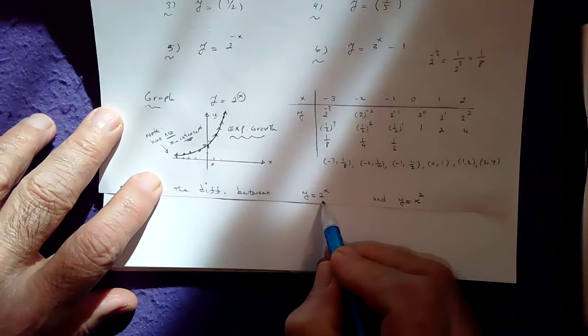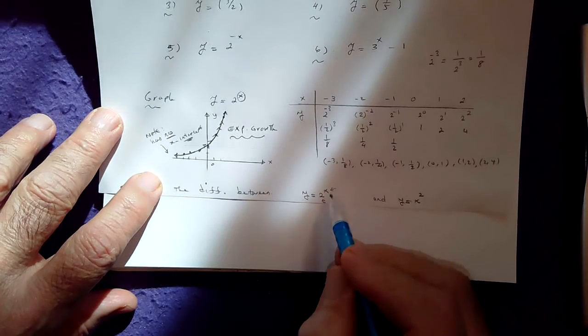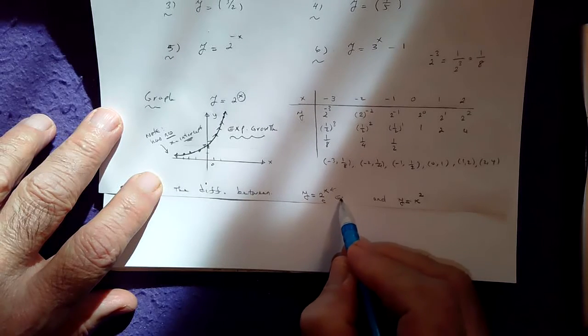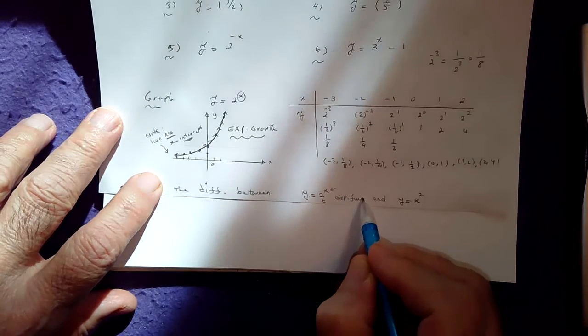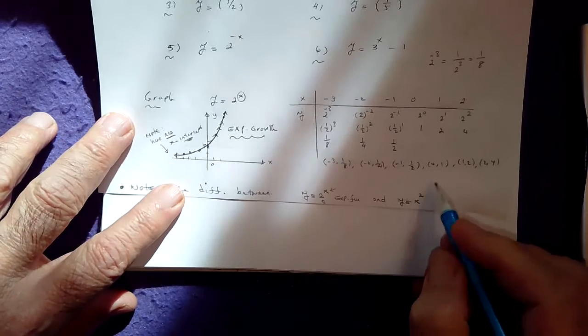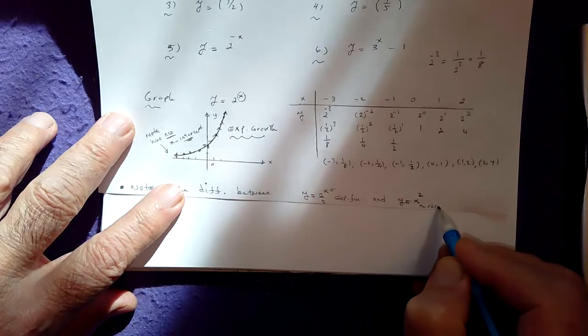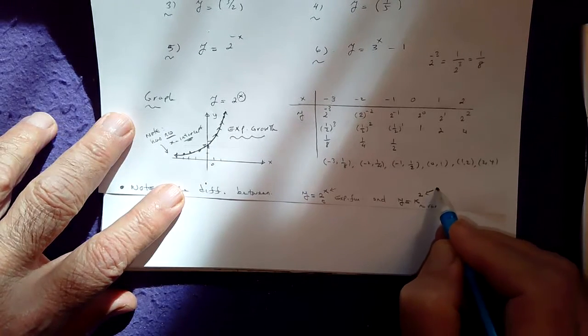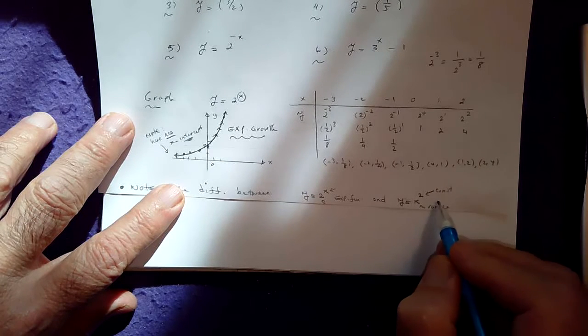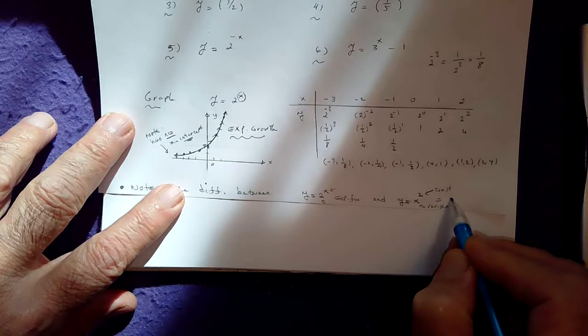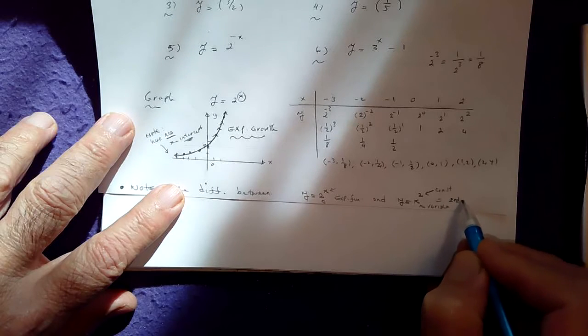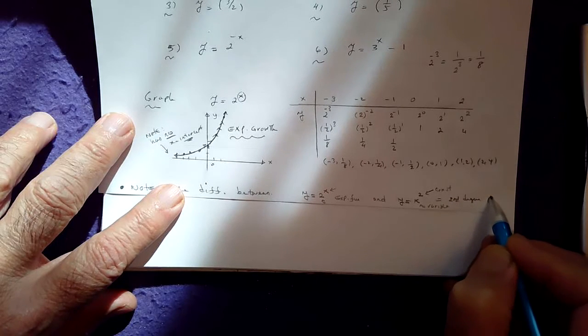2 to the x, because the base is constant and the variable is sitting at the power, is called an exponential function. But x to the 2, the base is variable. The power is constant. So these are called what? Second degree what?